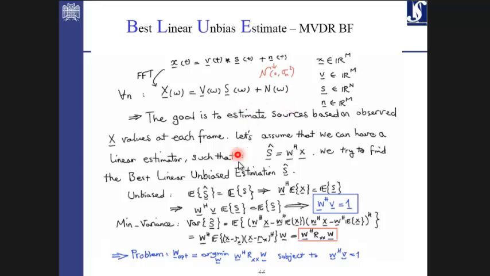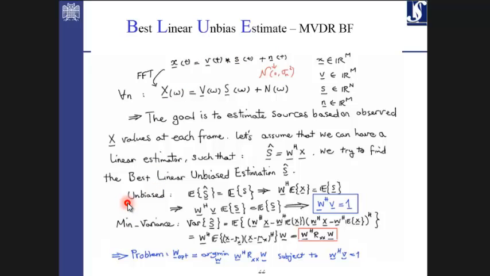Now the point is that we need to have an estimator, which is a linear estimator having this parameter x. And as a linear estimator, we are going to apply this W. So the best linear unbiased estimator should be unbiased with the minimum variance.